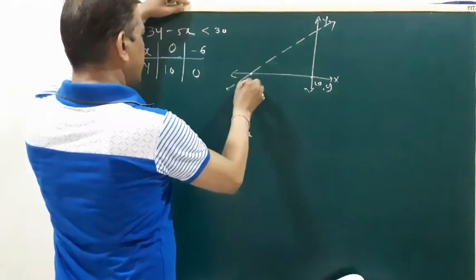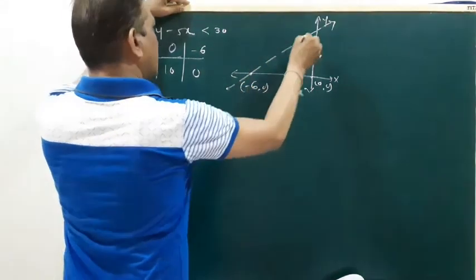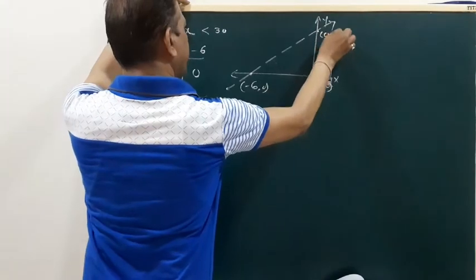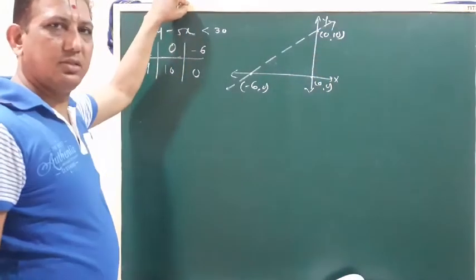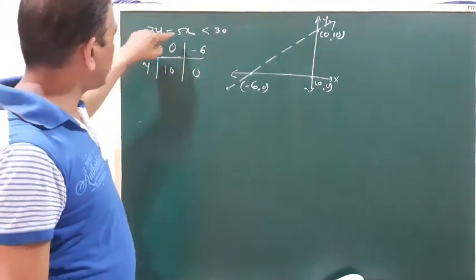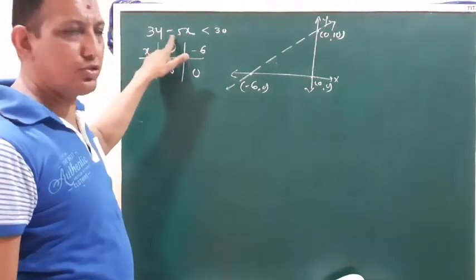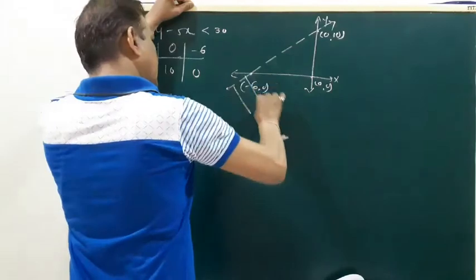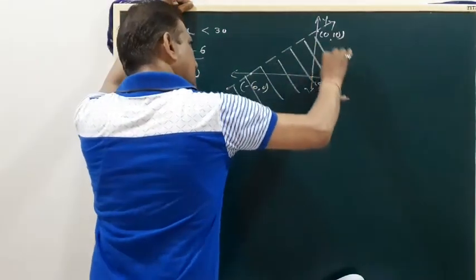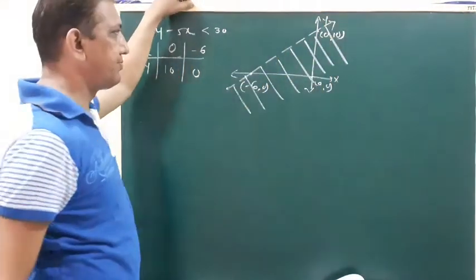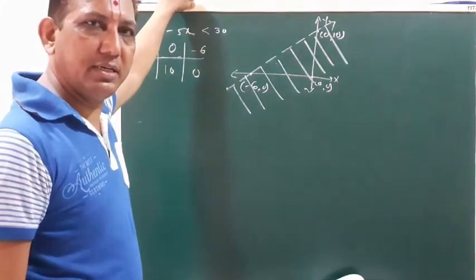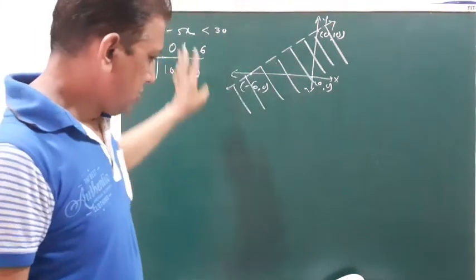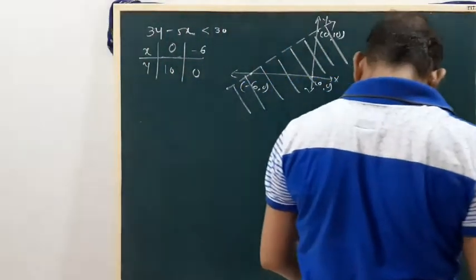Now check the portion: put x is 0, y 0. 0 is smaller than 30, right side. This portion. Done it? So exercise number 6.2 is completed.